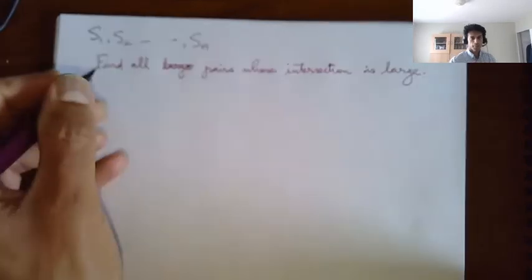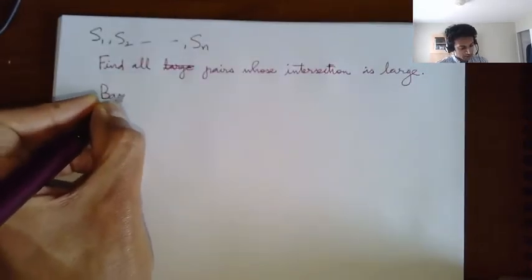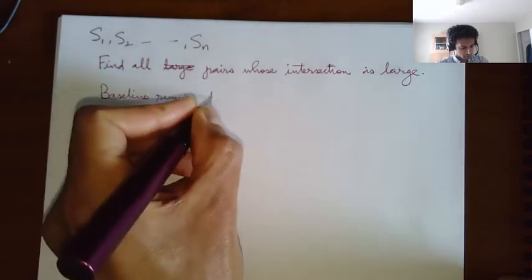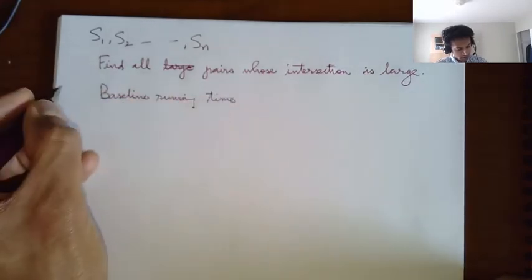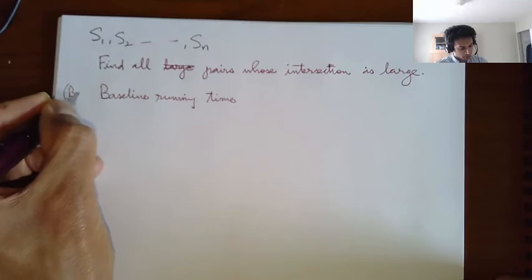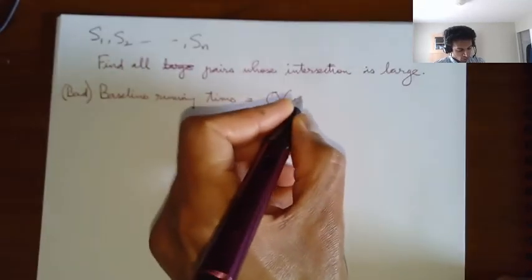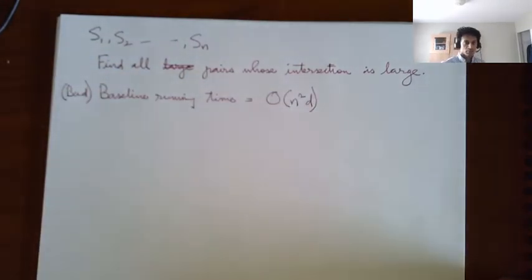And so we said a baseline running time, let's say the bad baseline running time, would just be something like O of n squared times d. Just brute force everything.